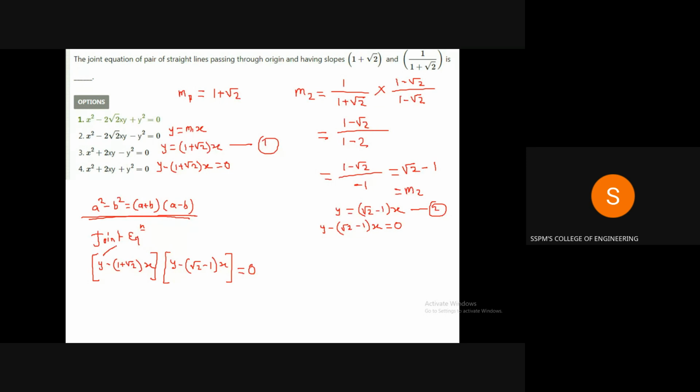First y into y is y square, minus y into the second term, (root 2 minus 1), so this is y, this is x, so the multiplication will be xy. Then the second term into the first term, that is (1 plus root 2), this is x and this is y, so the multiplication will be xy.